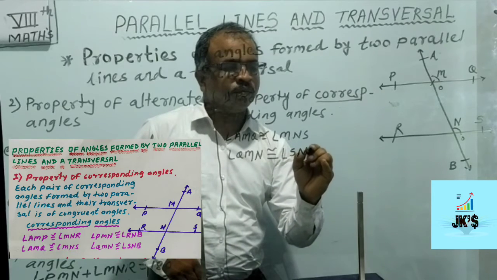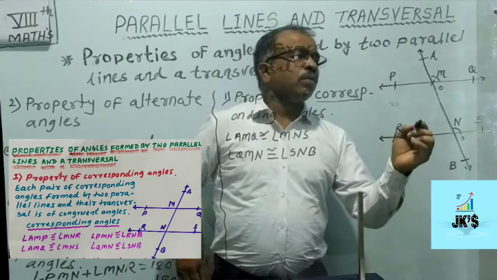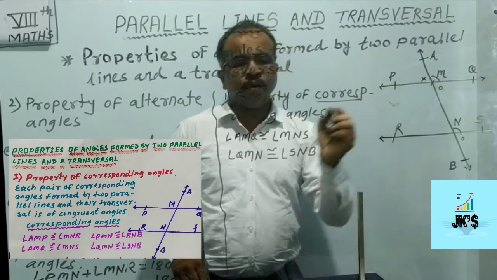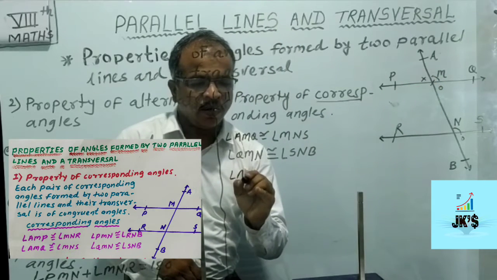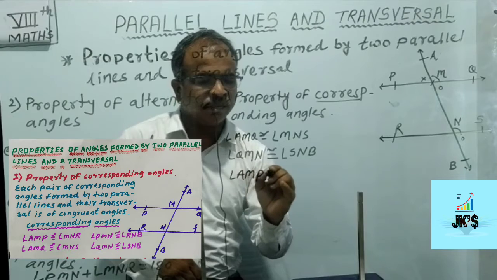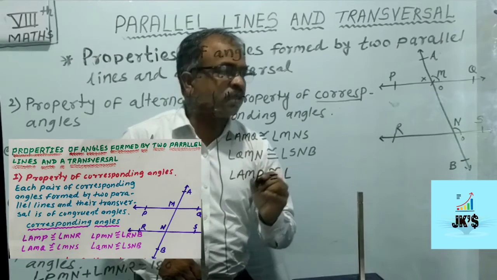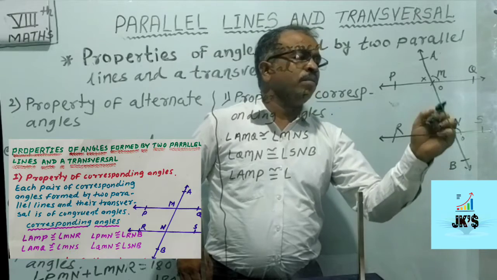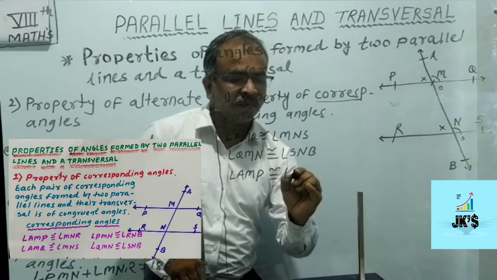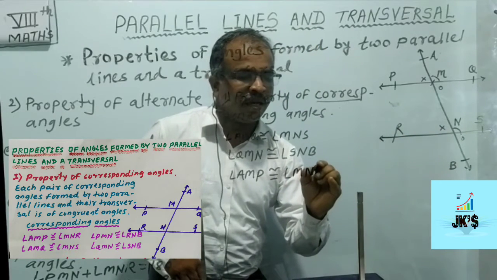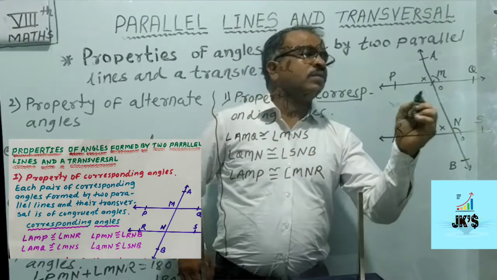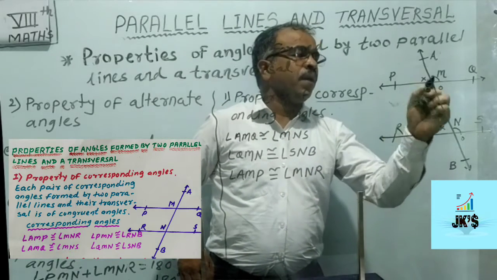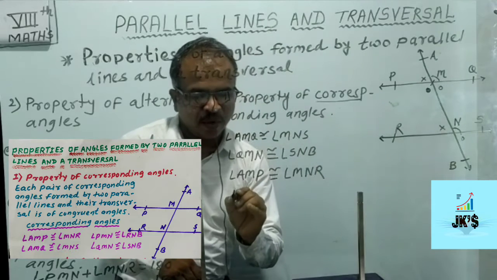Third pair, suppose this is angle AMP, its corresponding angle is MNR. Now take this angle PMN.